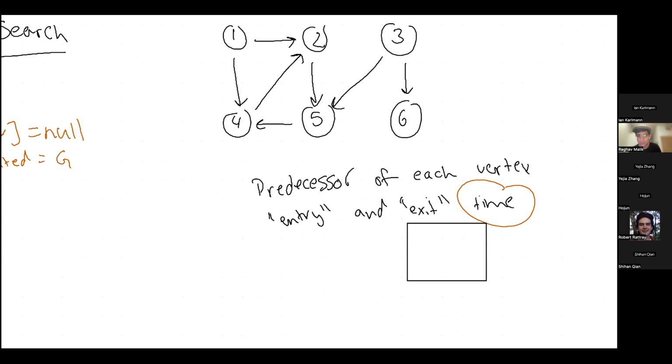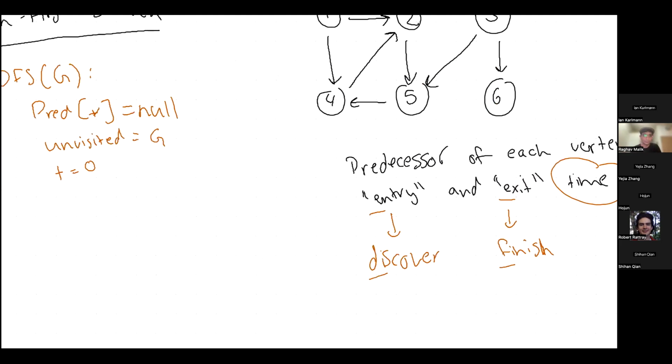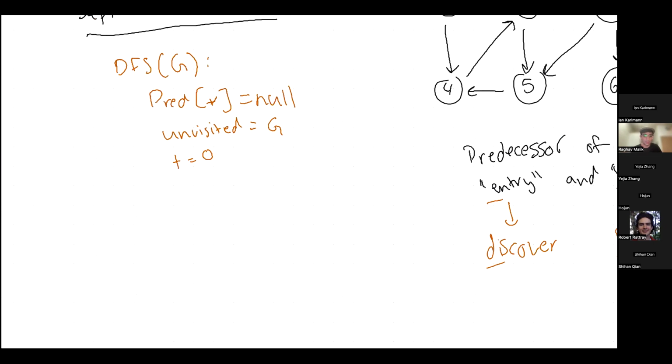Because we care about time, and because entry and exit both start with an E, we're going to call this one discover and this one finish. So entry is when it first discovers a particular vertex, exit is when it's finished dealing with that vertex. This way I can abbreviate these with D and F. So start t equals 0.